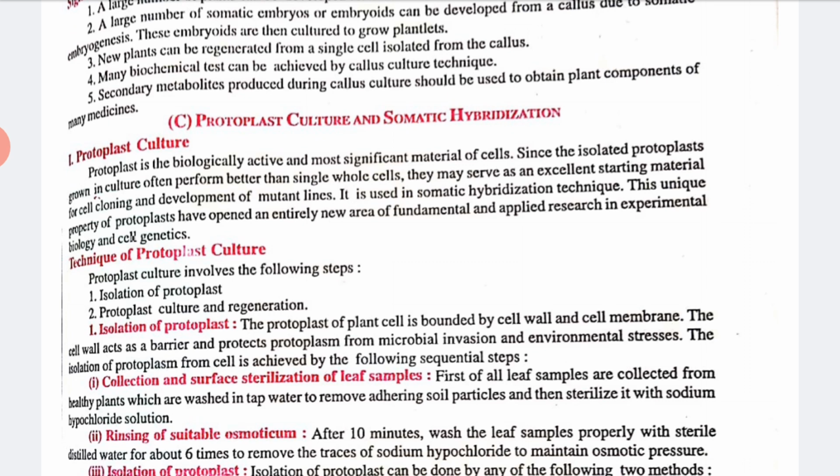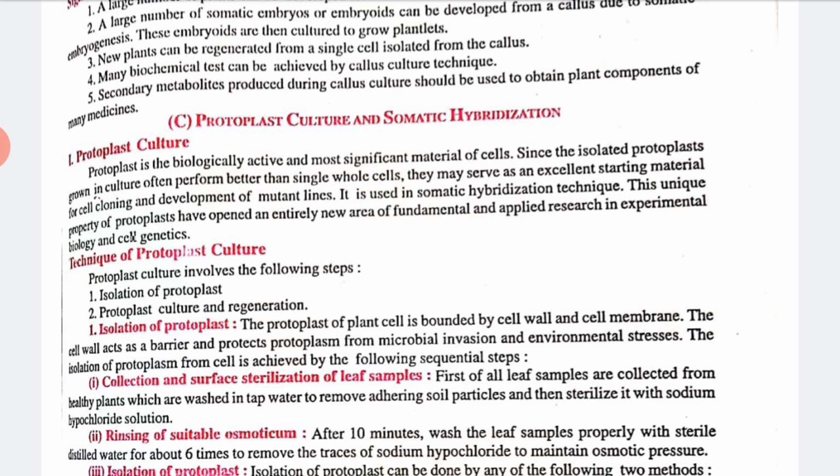After that we will examine the sample, and after confirming the sample we will do rinsing in suitable osmoticum, meaning whatever time period we give, how many times we have to rinse it with distilled water, for how much time we will put that part in a solution. And at last we will do the purification of the protoplast. So we will do it in this way.